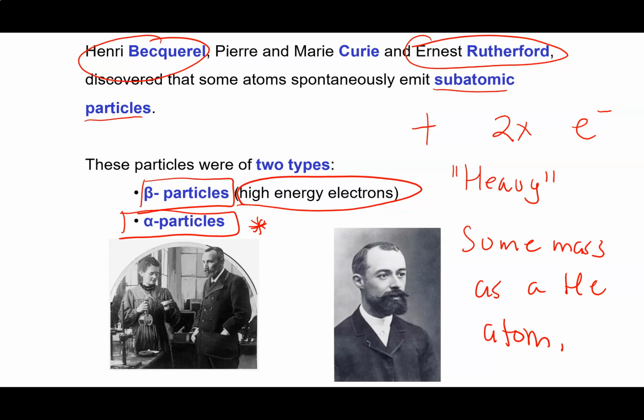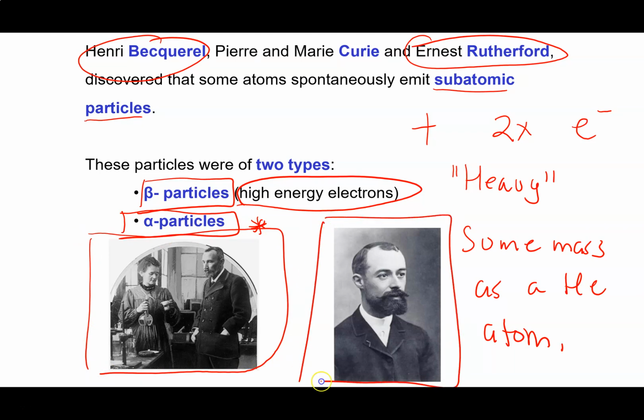It's worth mentioning a little bit about some of these early investigators of radioactivity. Many of them died young because people didn't realize the health impacts of handling radioactive materials. Marie Curie famously was sick throughout her life.